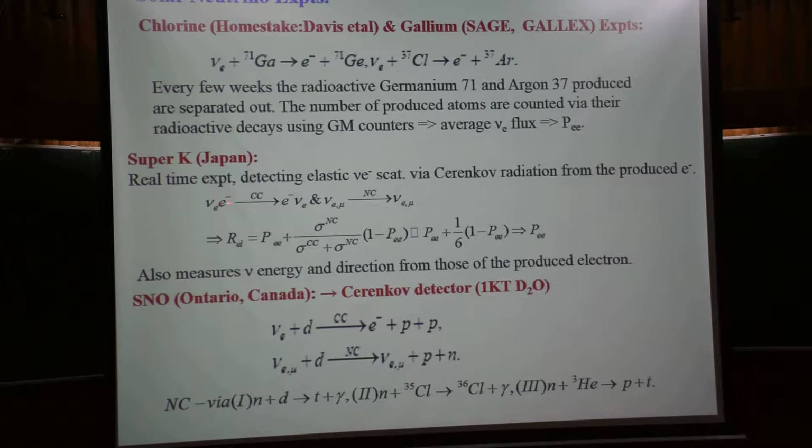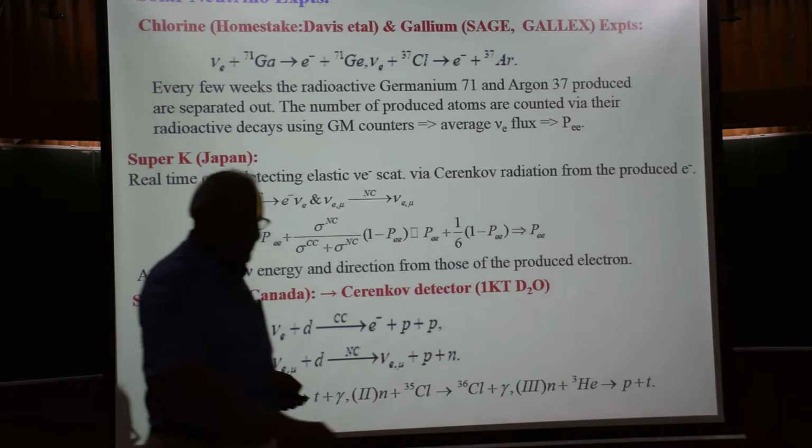Super K is a real-time experiment. They detect elastic scattering of neutrino on electron via radiation from the produced electron. So nu E on electron will have charge current scattering, and we drew the diagram yesterday.